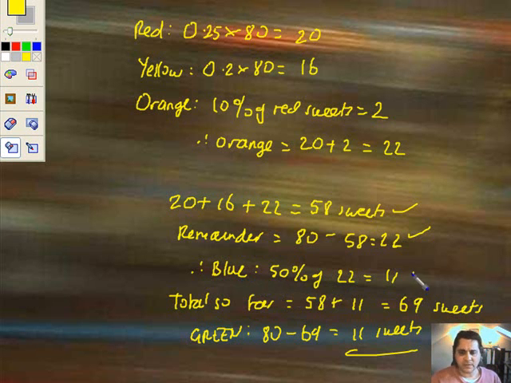Half of them is therefore 11, so I've got 11 blues, and the remainder is going to be the green. So I've got 58 sweets so far, plus those 11 right here which are blue, comes to 69 altogether, and 80 take away 69 is 11 sweets, so I've got 11 green sweets as well. And I think I'll stop there because that's the last one in that category.